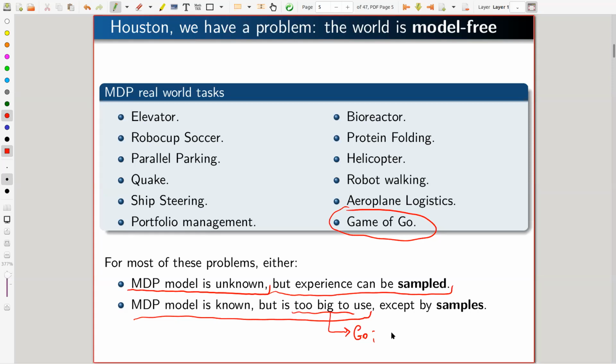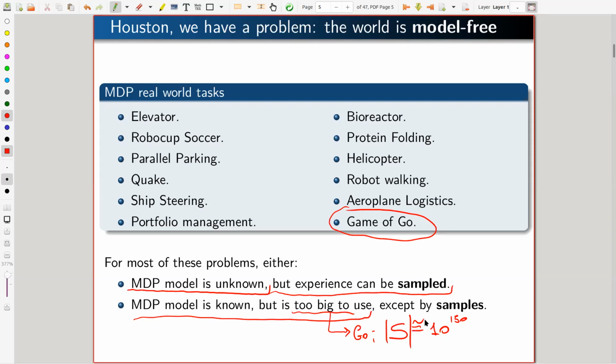We can tell the dimension of the state space: it is more or less 10 to the power of 150. This is a very huge number, and you cannot use it for the tabular reinforcement learning that we talked about the day before yesterday.